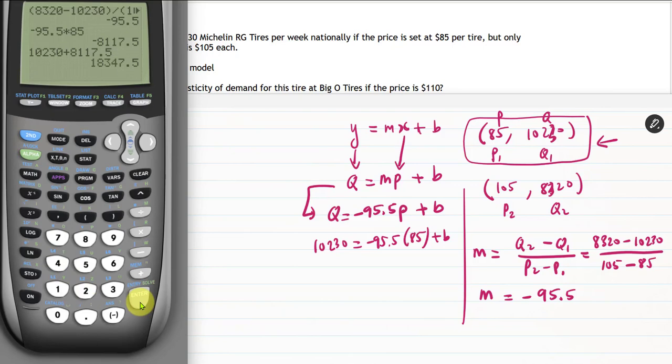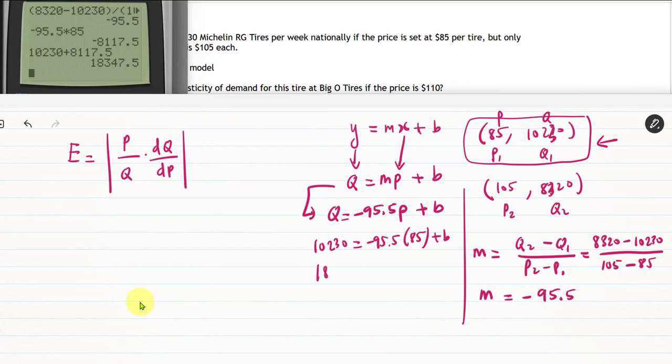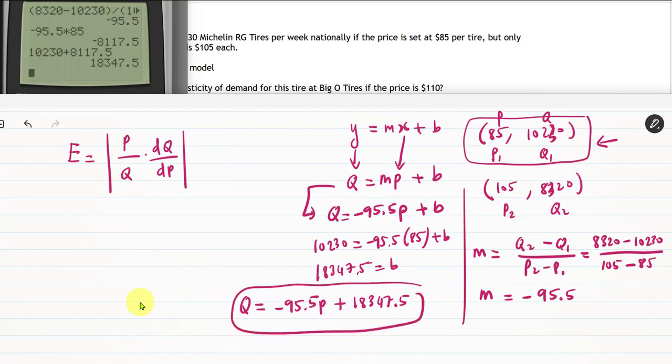Then I get 18,347.5. That is my B, or the y-intercept. Now I can complete my equation: Q equals minus 95.5 P plus 18,347.5. So that is my linear demand equation.